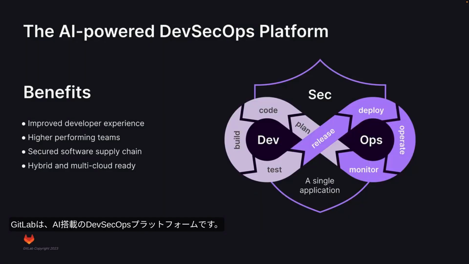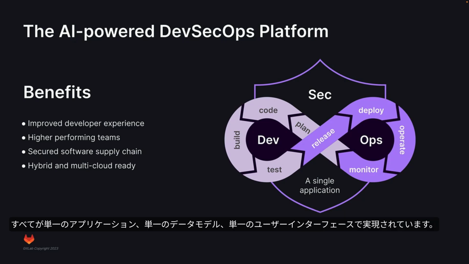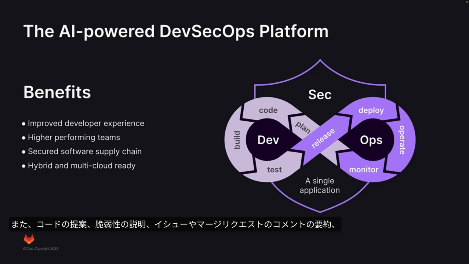So GitLab is the AI-powered DevSecOps platform. GitLab includes capabilities for every phase of the DevSecOps lifecycle, from planning to testing to deploying and monitoring, all in a single application with a single data model and a single user interface. We also provide AI-assisted capabilities, such as code suggestions, explain this vulnerability, summarize issue and merge request comments, explain this code, and value stream forecasting, among others.